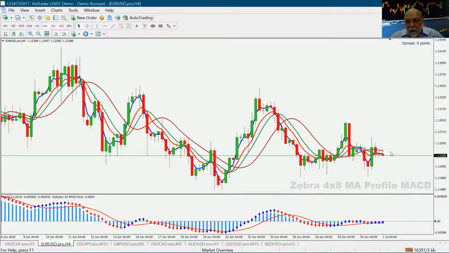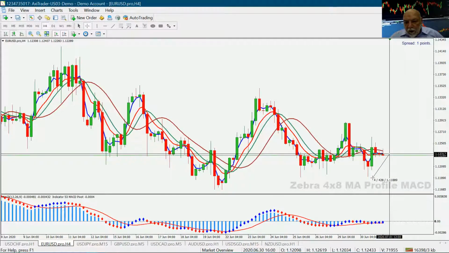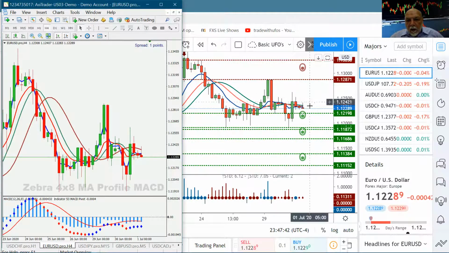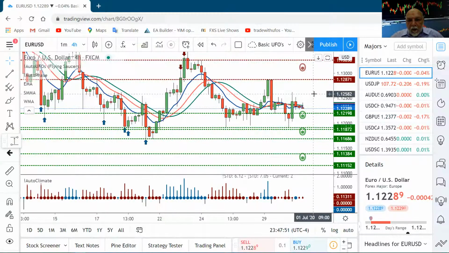And look at this. So we're looking at 44 pips coming down below this. So let's measure.